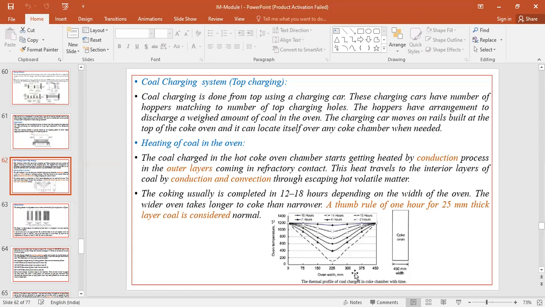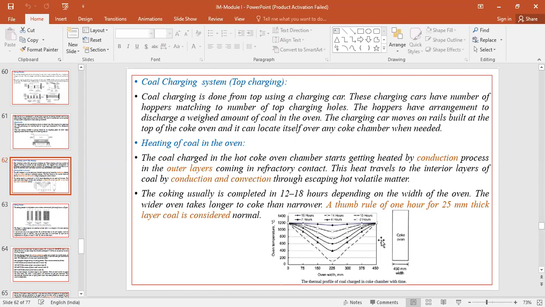So in this particular picture, you can see the thermal profile of the oven. You can see the width of the oven is around 450 mm roughly. As we have seen in the non-recovery coke oven process, the heat travels from the top as well as from the bottom in the vertical direction, in bidirectional mode.